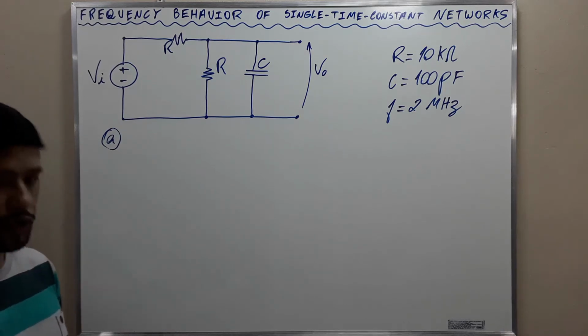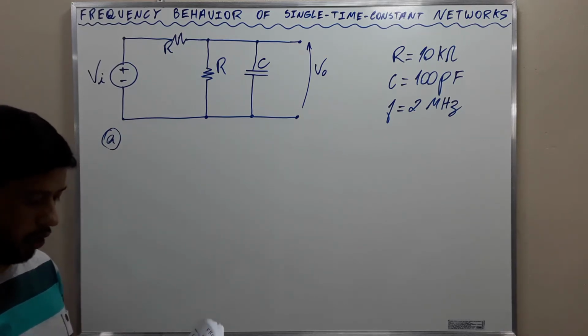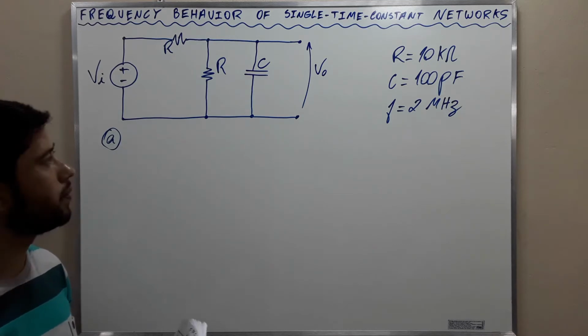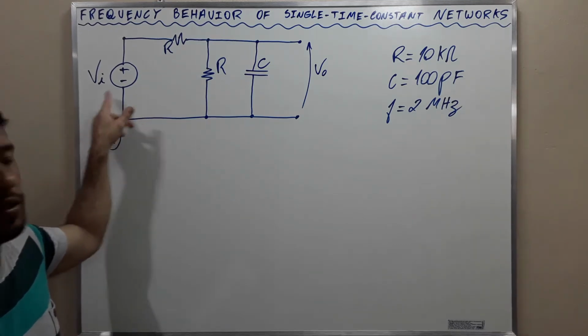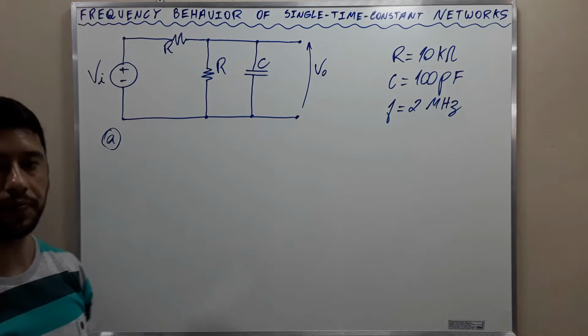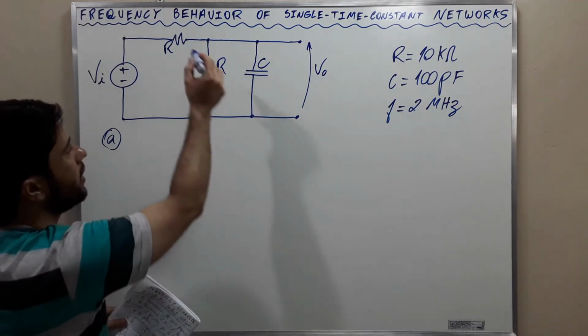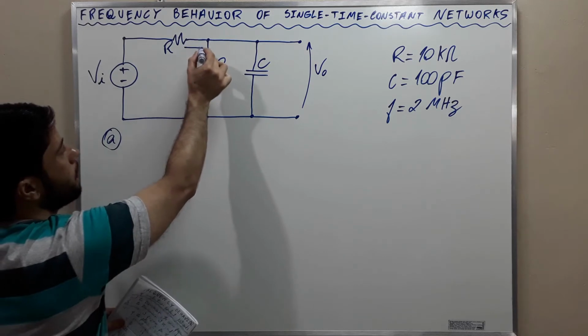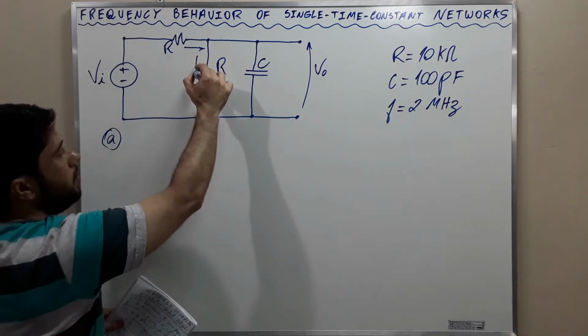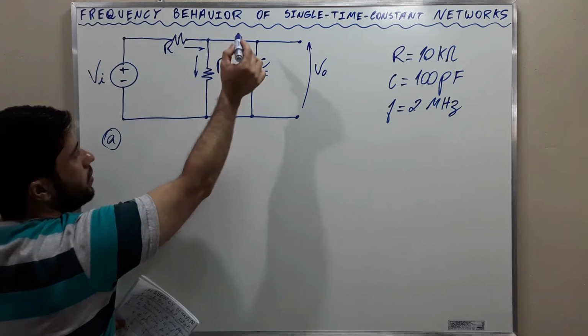Okay, to find the transmission, we have to correlate the input voltage with the output voltage. Let's do it. We're gonna have a current here, a current here, and a current here.